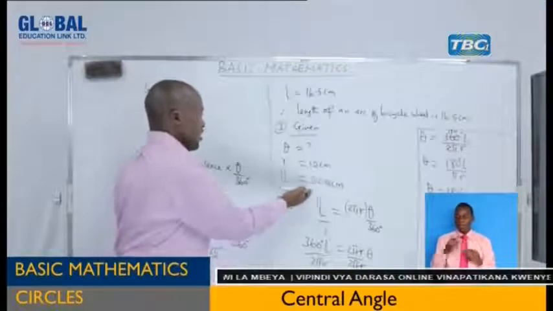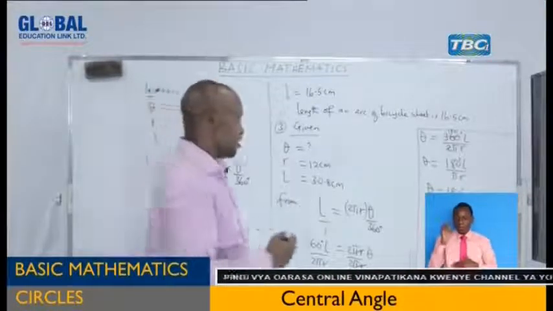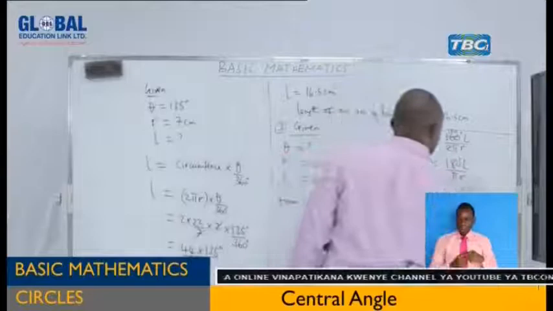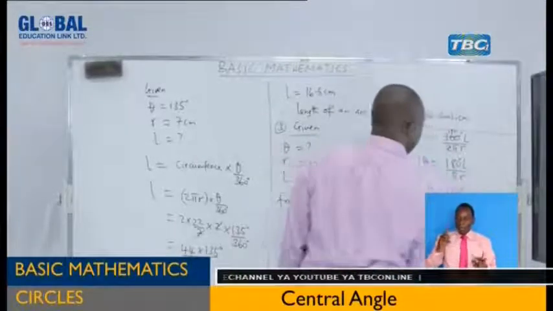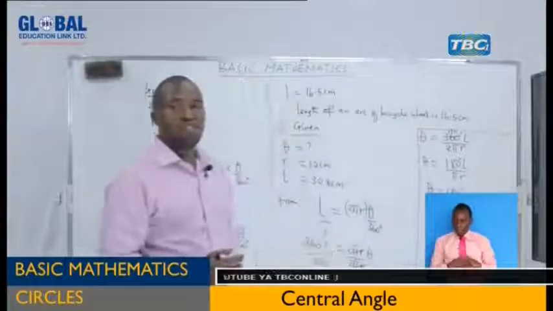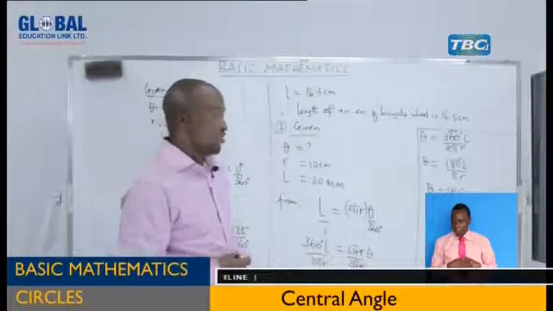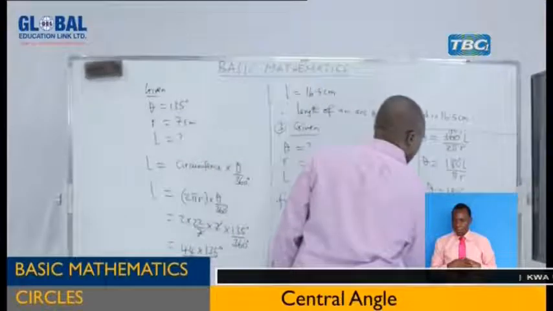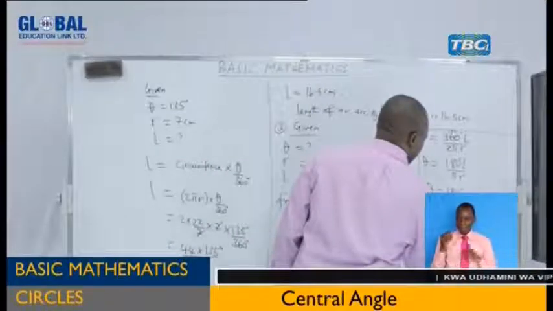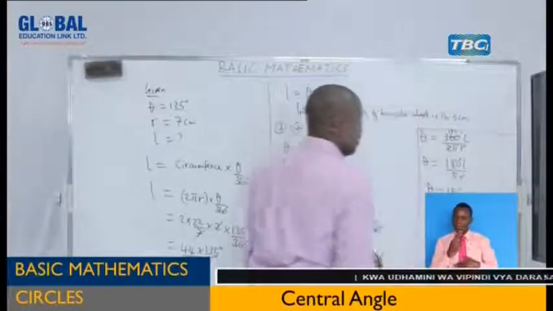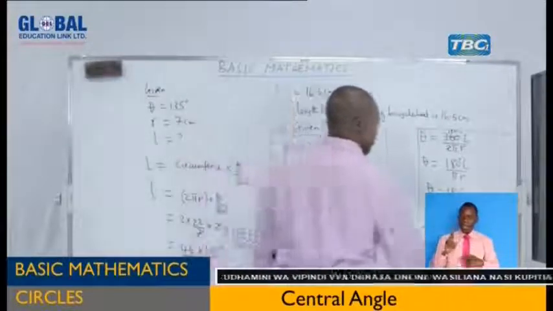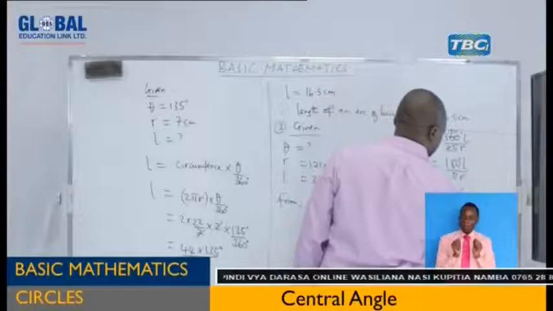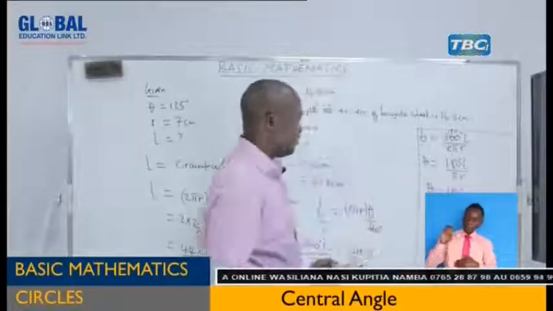So in this case theta is equal to 180 times L, the arc length, which is 30.8 centimeters, divided by pi, the constant, that is 22 over 7, times the radius, which is 12 centimeters.